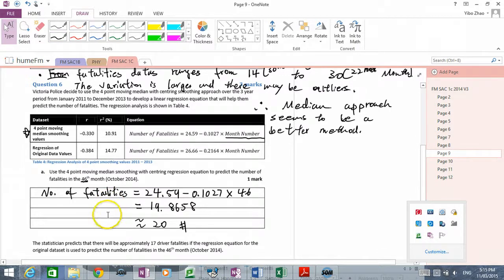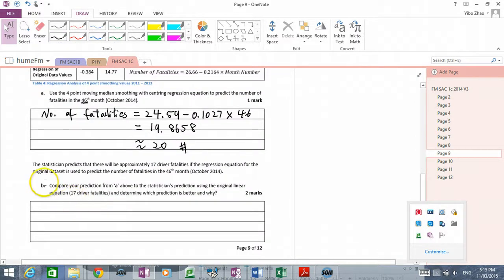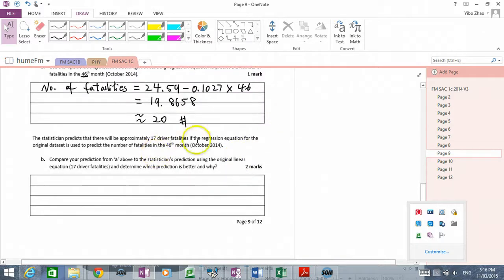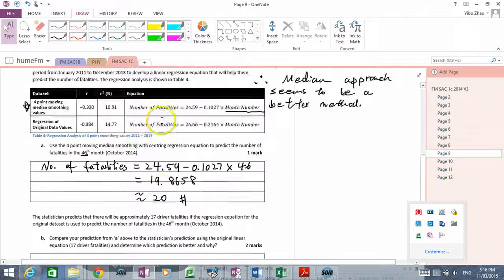Then we do the second question. In here, the question told me that some people predict there will be 17 fatalities, using the other equation, which is different to this equation.